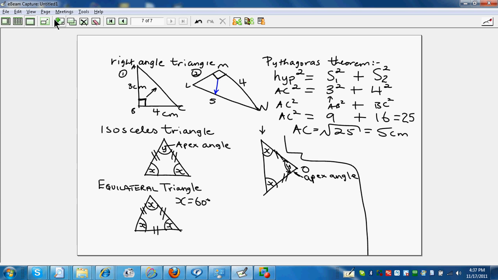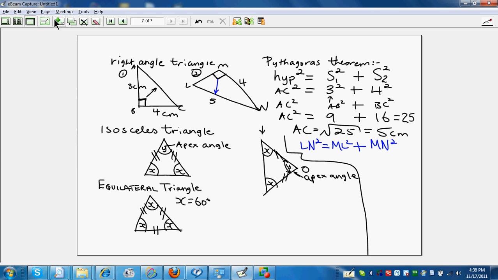So let us say Pythagoras' theorem in this case would say that the hypotenuse squared, which would be LN squared, so you write it down, LN squared, will be equal to side 1 squared plus side 2 squared. Side 1 in this case could be chosen as ML. So you write ML squared plus the second side, which would be MN squared.